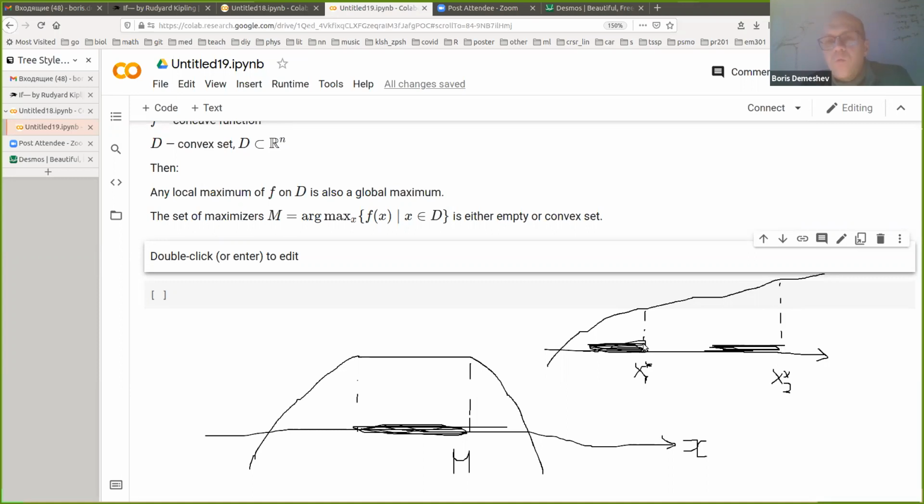Why is x2 star a local and global extremum? Because I cannot do better if I search for a maximum on the set D, on the black bold set D. But x1 star is a local maximum. Why is it local? Because in the neighborhood of x1 star, there are no better points, I mean, in the set D.